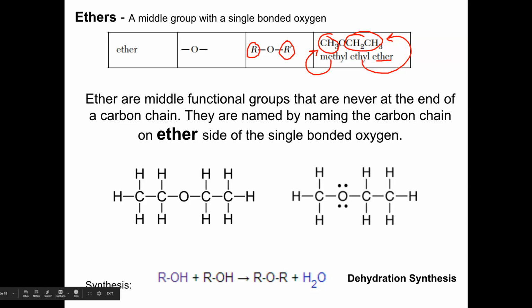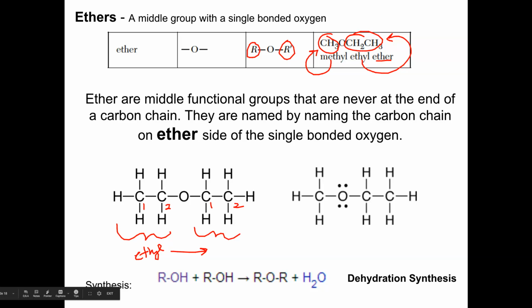So looky here. I've got 2 carbons on this side, which means that this is an ethyl group. Okay, and guess what? I got 2 carbons on this side. Same idea. It's another ethyl group. So guess what I call that? Diethyl ether.